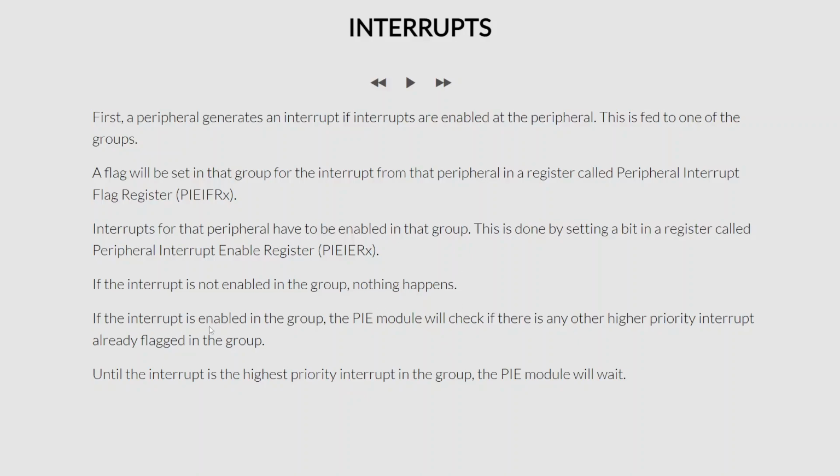However, if we do enable the interrupt in the group, then the PIE module will check if there is any higher priority interrupt already flagged in the group. Alright, because remember, it's all priority basis. Until the interrupt is the highest priority interrupt in the group, the PIE module will not do anything with that interrupt. It's just going to wait on the interrupt. Higher priority interrupts will be serviced first.